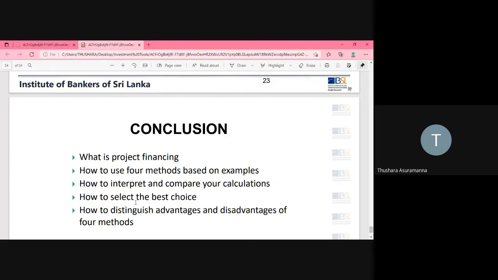Then we discussed the 4 methods, some examples. We interpreted the results in terms of one project, multiple projects, and how we are going to choose. Then finally we discussed the advantages and disadvantages of each method.